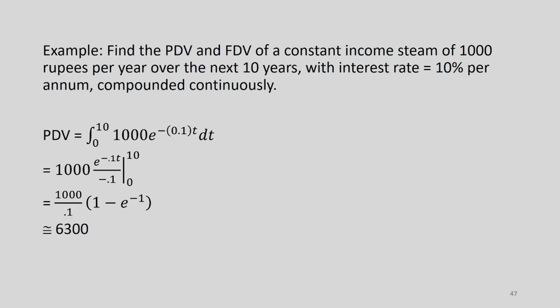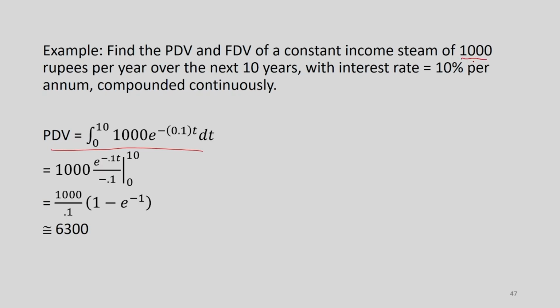Okay, here is an example. Find the PDV and FDV of a constant income stream of 1000 rupees per year over the next 10 years with interest at 10% per annum compounded continuously. For PDV, I directly apply the formula: integration from 0 to 10, since 10 years are there, multiplied by the stream of income, which in this case is constant.